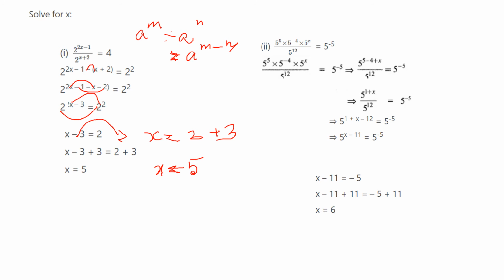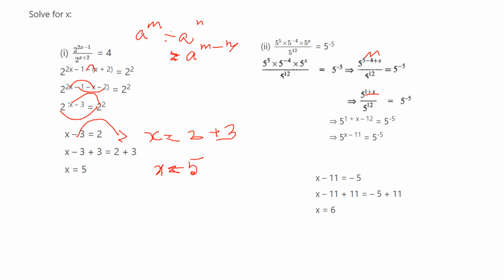So 5 to the power, first you do it, 5 to the power 5 minus 4 plus x by 5 to the power 12 equal to 5 to the power minus 5. So 5 minus 4 is 1, 1 plus x, that is 5 to the power 1 plus x by 5 to the power 12 equal to 5 to the power minus 5.